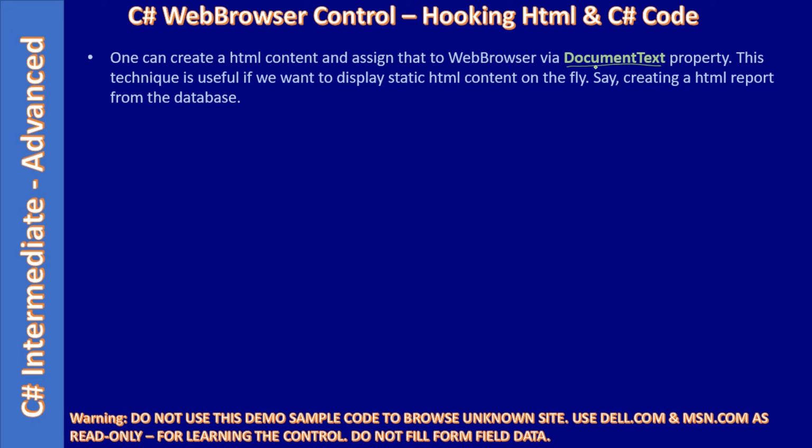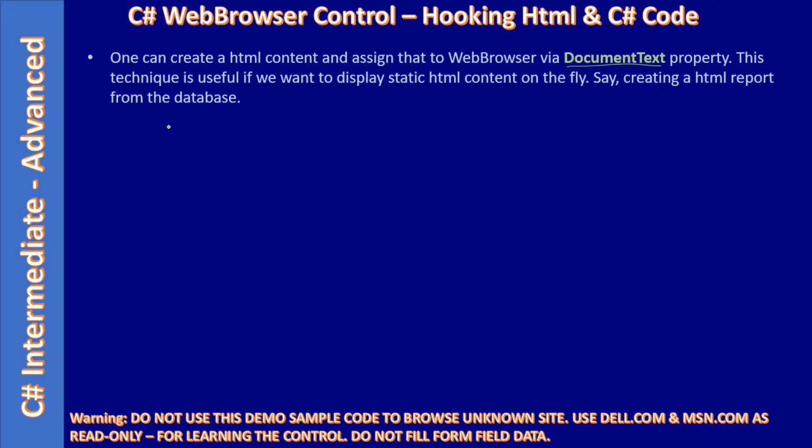Then you can assign that string to DocumentText. By doing this, you are asking the web browser control to load the HTML document from the local system, or you can cook the HTML in the application itself and assign that to the DocumentText property, so that the web browser control will render the HTML document which you prepared on the fly.